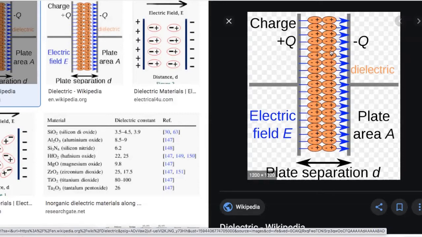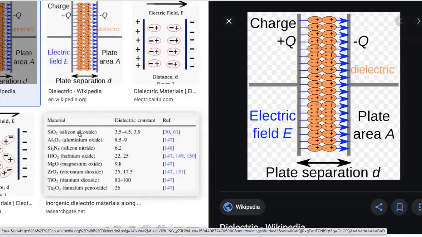And then this polar molecule is flipping such that the negative of the molecule is facing the positive of the plate, and the positive of the molecule is facing the negative. And therefore, this one is creating an electric field in the opposite direction. Again, I'll go more in depth into that tomorrow.